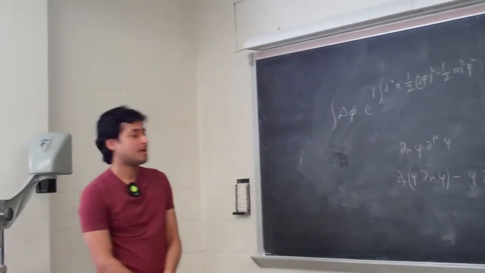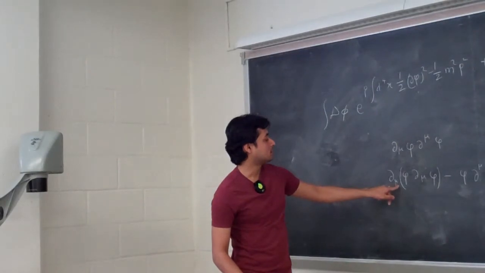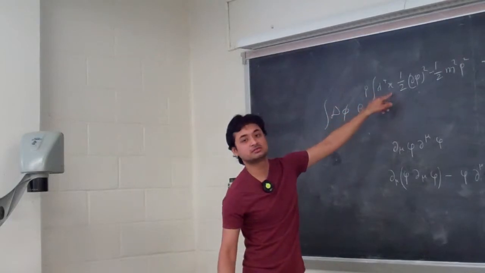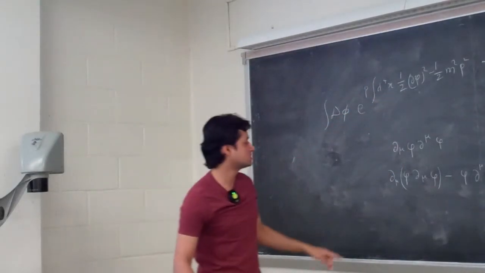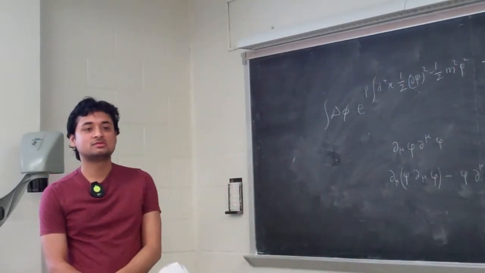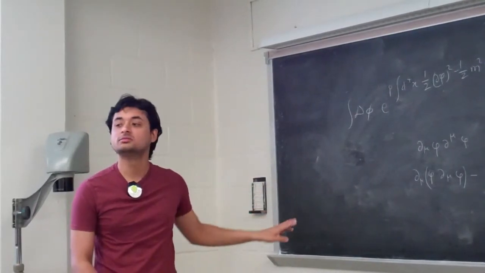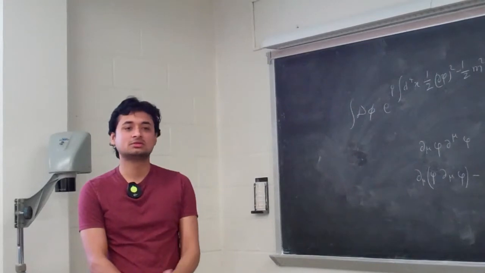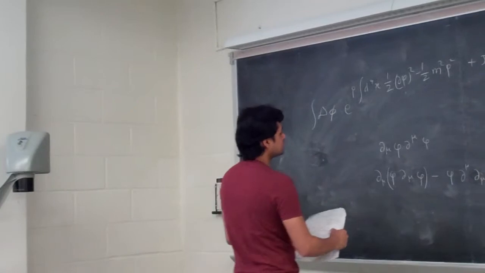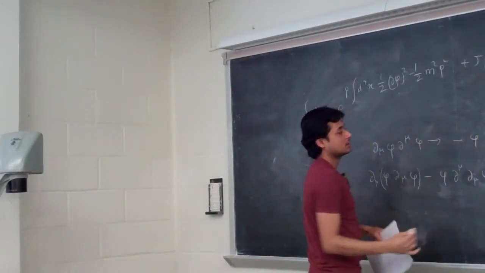Okay, and then you have heard this again and again, hopefully, but this is a total derivative because it's d mu of something, and when integrated over d4x it will give you a boundary term. So it will just involve phi d mu phi at the boundary. Now usually, unless there are some special field theories, phi goes to 0 at very large distances, and so this does not contribute. It is important in some situations, but for this case, you can safely say it's not important. So the point is that this effectively simply becomes minus phi d squared phi. And now it is in that form.